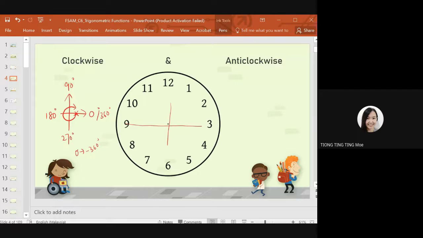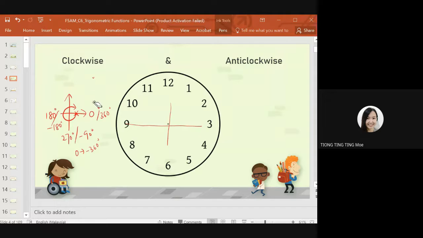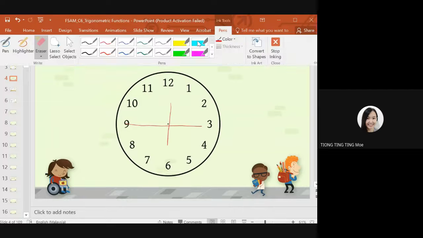It will be reversed. So this one becomes negative 90 degree, negative 180 degree, negative 270. You no need to remember the numbers, you just mark them. What is important is the drawing. So you remember for clockwise.